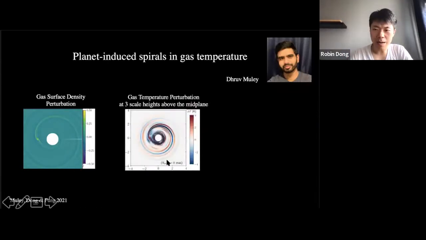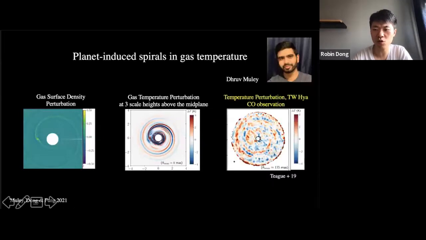So here is a map showing the gas temperature perturbation delta T at 3 scale heights above the midplane. This is where we think CO emission may come from. So spirals are hotter, at least the spine of the spirals are hotter than the ambient environment by a few Kelvin or 10 to 20%. Interestingly, those spiral-shaped temperature perturbations have been seen before.